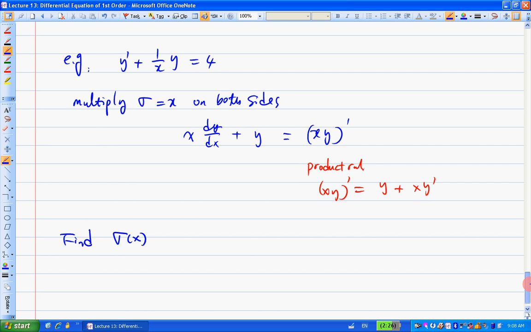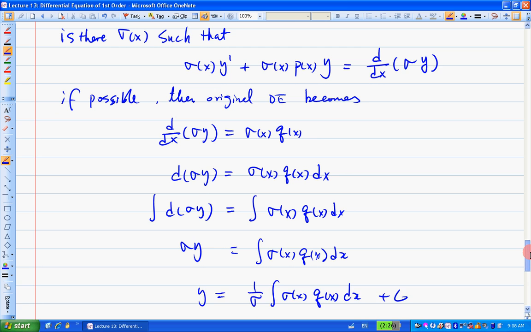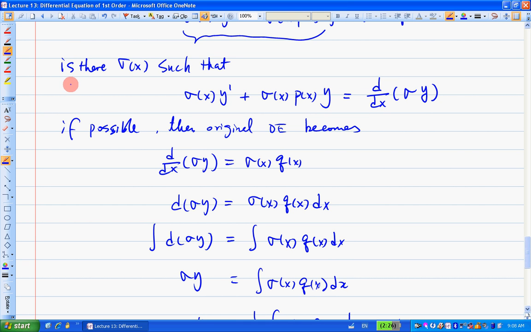Let's go back to our assumption here. Starting with the assumption: is there a sigma x such that this equals this, putting this into this format? The right side here is d over dx of sigma y.